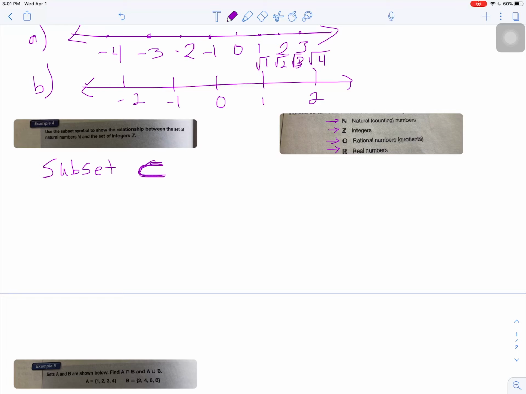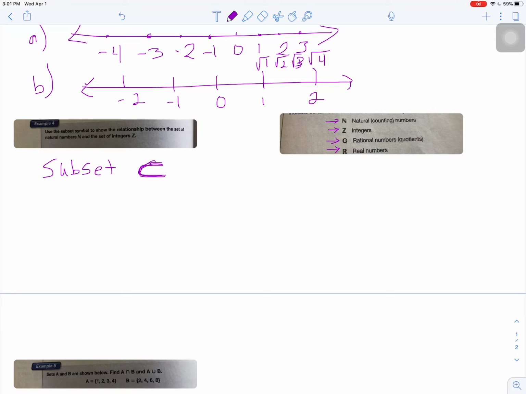in a specific way, and it says natural, which are counting numbers. Are they a subset of integers? Yes, they are, right? They will fall into integers. Now not all integers are counting numbers, but that can be written that natural numbers are a subset.